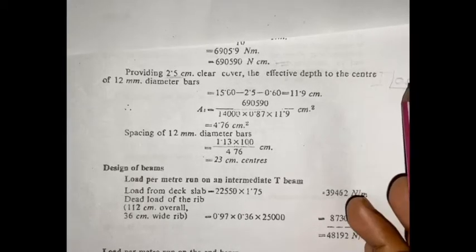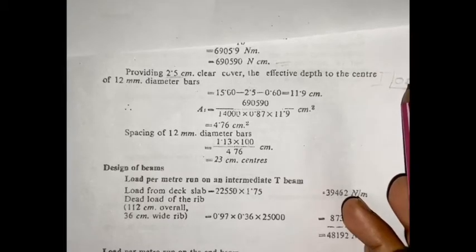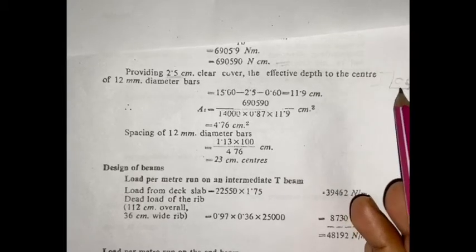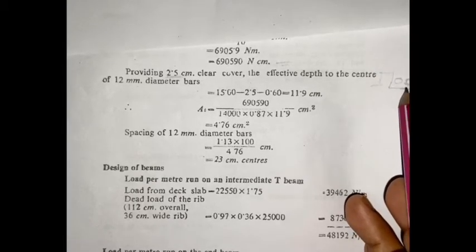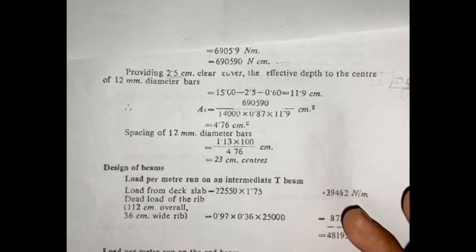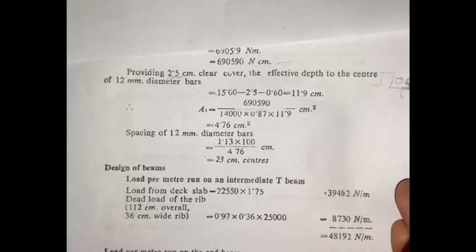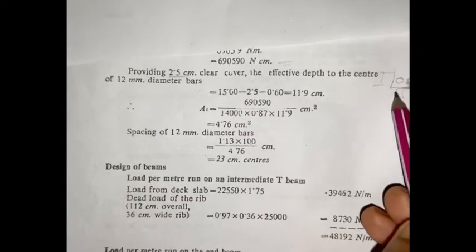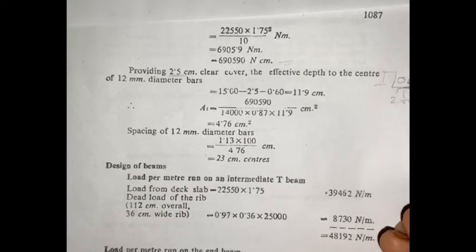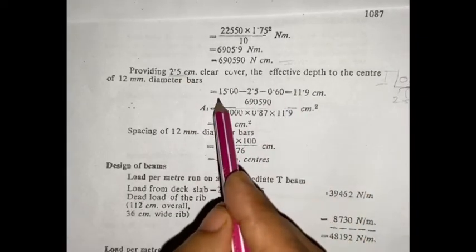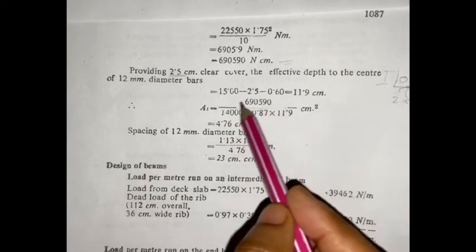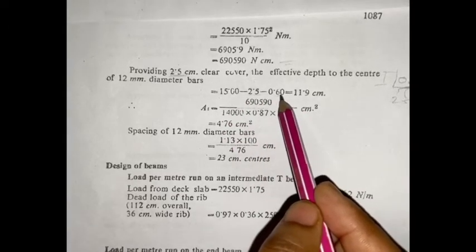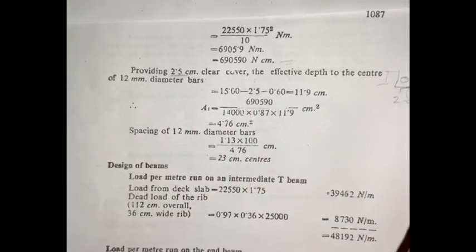Clear cover is the distance between the steel reinforcement and the bottom of the slab, and effective cover is the distance from the center of the reinforcement to the bottom of the slab. Okay, so we have taken clear cover 2.5 centimeter here, and for the effective cover we have 2.5 plus 0.6, that is the half of the reinforcement.